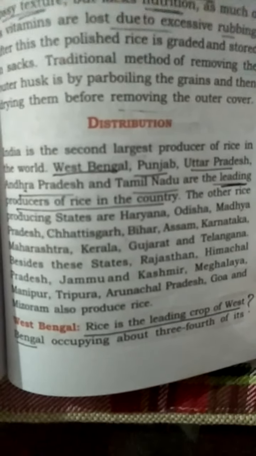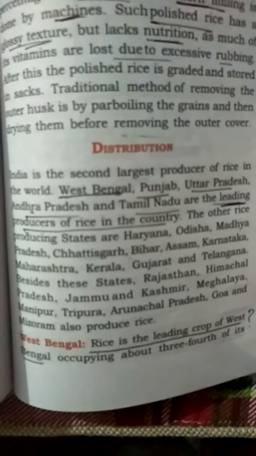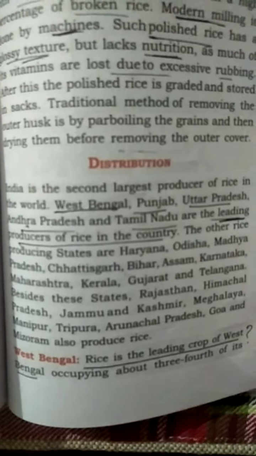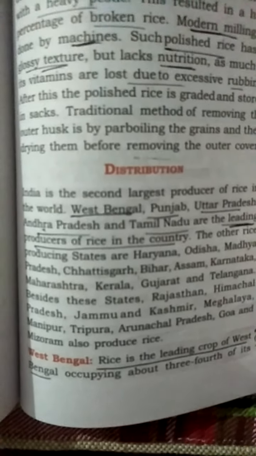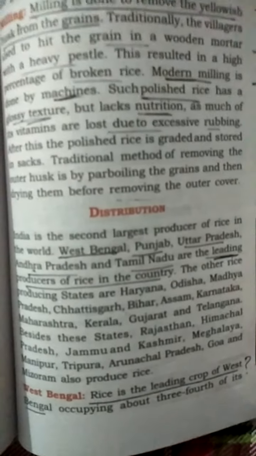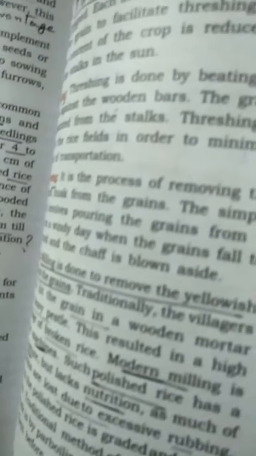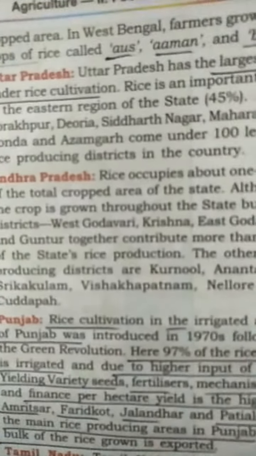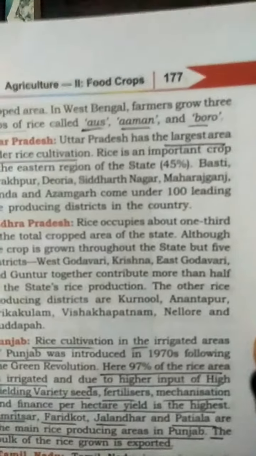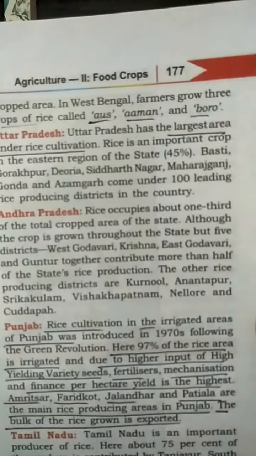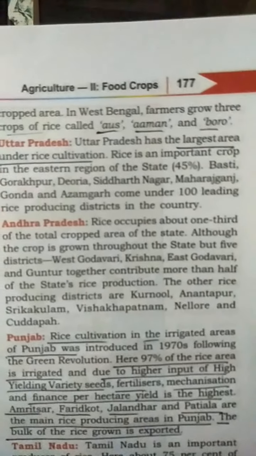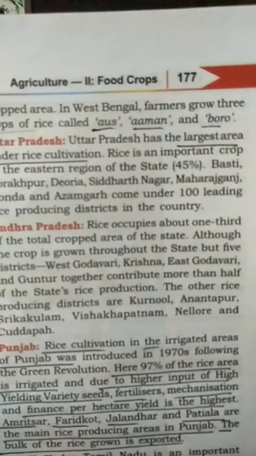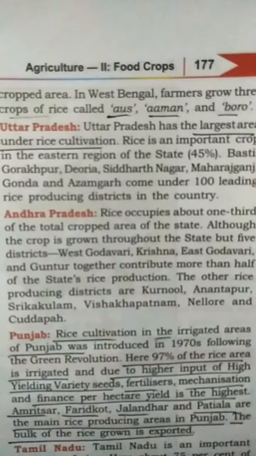In this, first of all, you have to write down about the geographical conditions, like we have read about temperature requirement, rainfall requirement and soil. Now in West Bengal, we have a delta, so the soil is renewed every year. There is no dearth of water also. Therefore, 3 crops of rice are grown here. These are Aus, Aman and Boro.